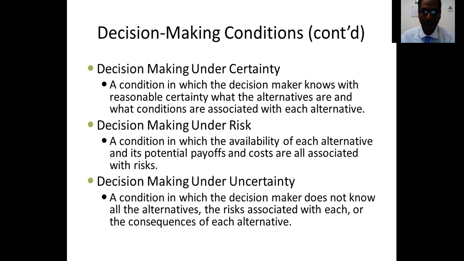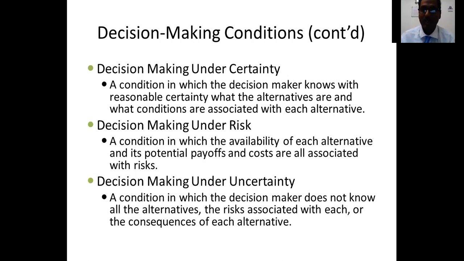Third one is decision making under uncertainty, a condition in which the decision maker does not know all the alternatives. Here he knows the problem, but he does not know which alternative he has to choose. He does not know the risk associated with each, or the outcome of choosing an alternative; he does not know the consequences of each alternative.